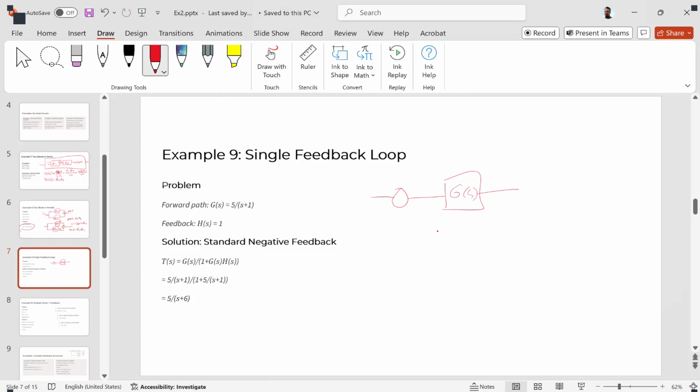When you have a feedback, that means you are reading the output and sending it to the input for correction. In this case, we call the transfer function of the feedback what's happening between the output and input, which is reversed, the input versus the output.